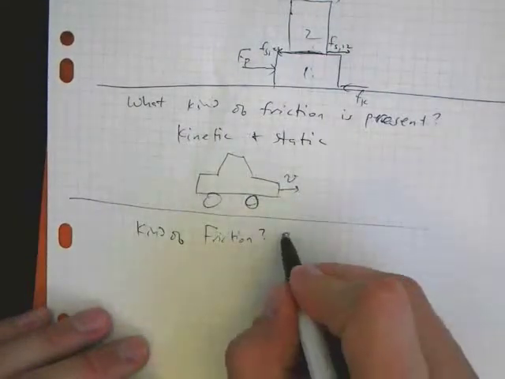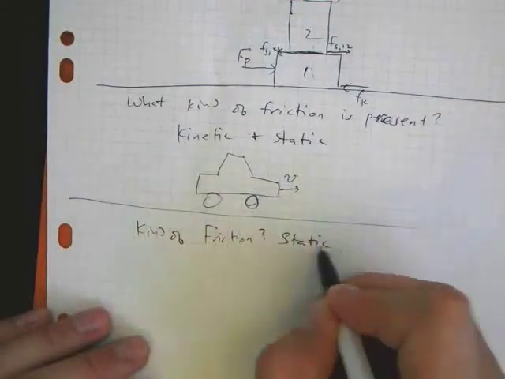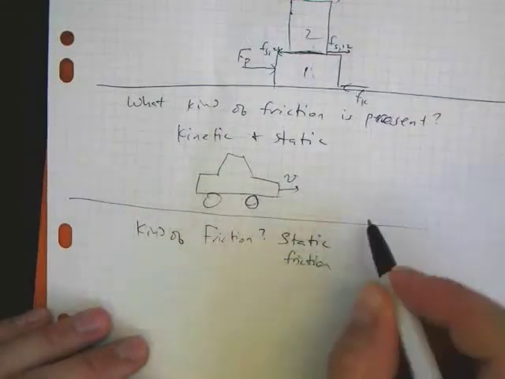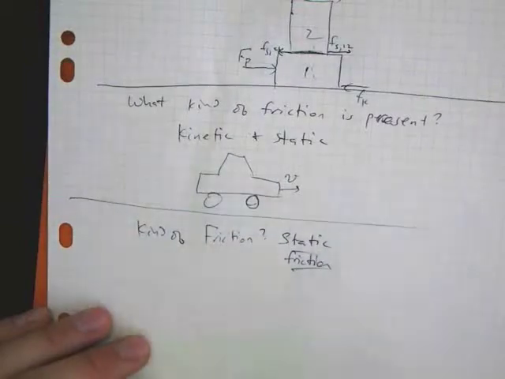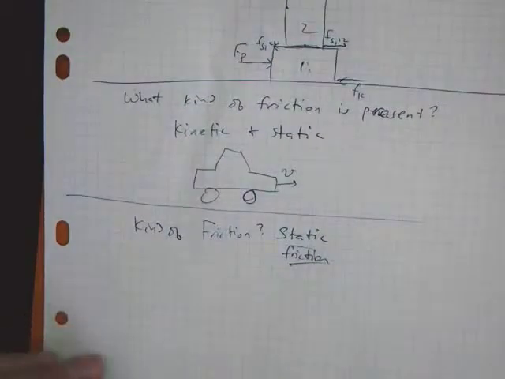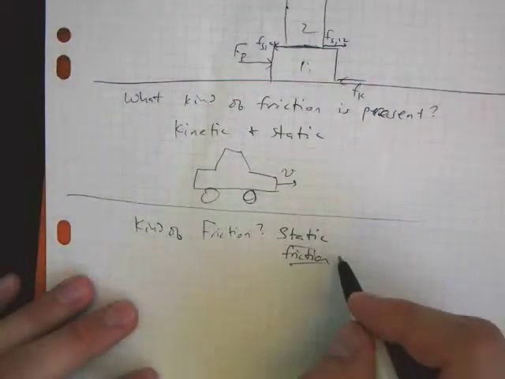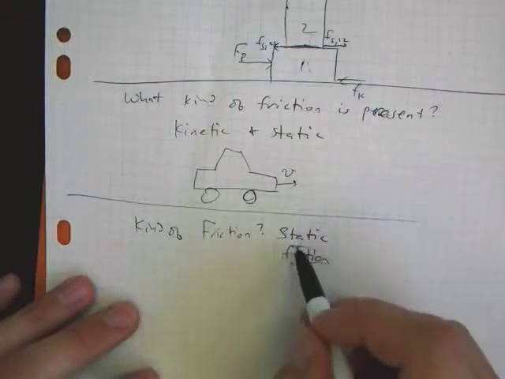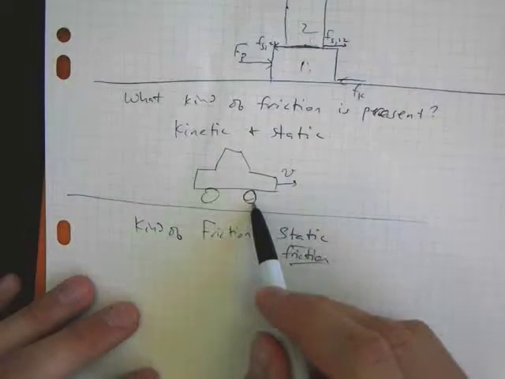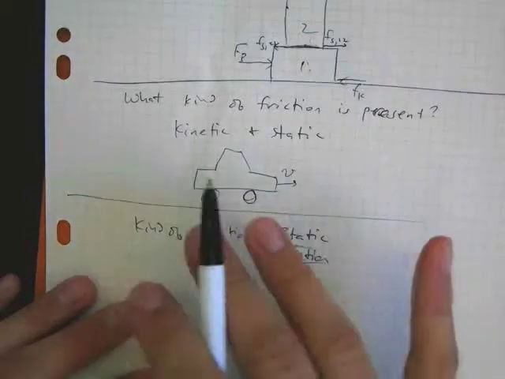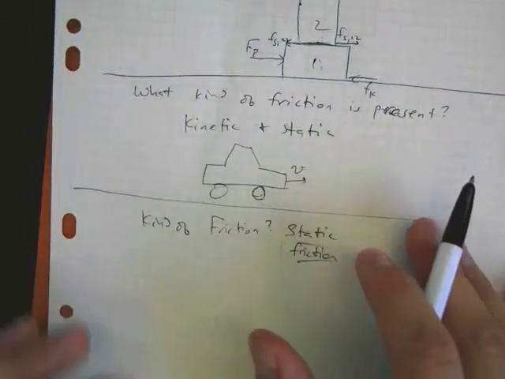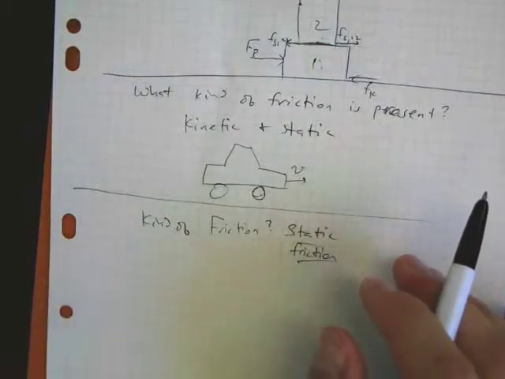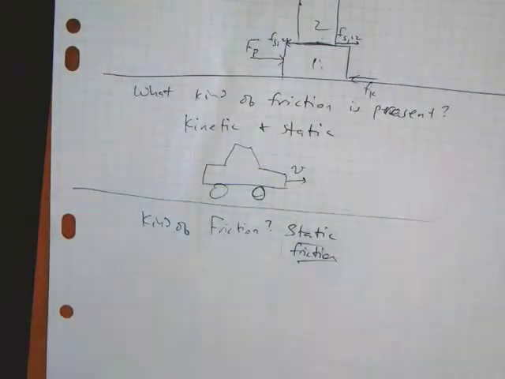There is static friction between the tires and the road because there's only a single point of contact between the road and the tires. That point isn't sliding along. It's kind of being dropped down. And that might seem weird, but as long as the tire is just rolling and the car isn't skidding, there is static friction because there's only that single point that's touching the ground, and that single point isn't sliding. There's just a new point that then is rolling down to hit the ground again.